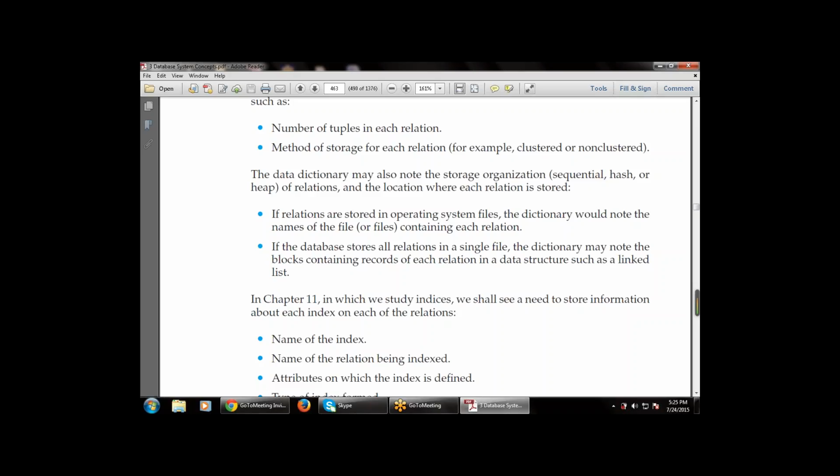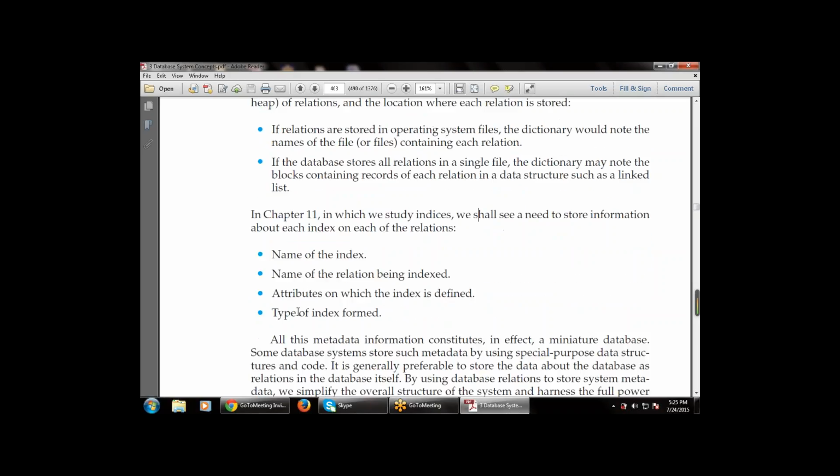That is the name of the index, then the name of the relation being indexed, the attributes on which the index is defined, and the type of index form. So these are the various pieces of information used to store the information about the index.